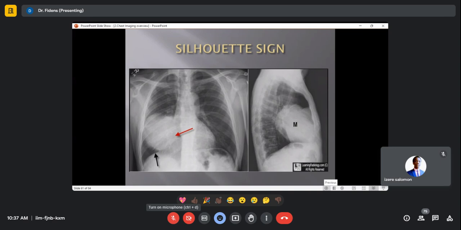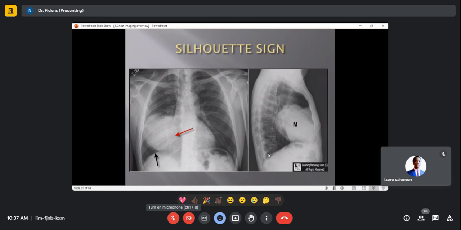Sometimes you recognize pneumonia consolidations just by seeing the positive silhouette sign without recognizing the opacity itself very well. Okay? Is it clear?